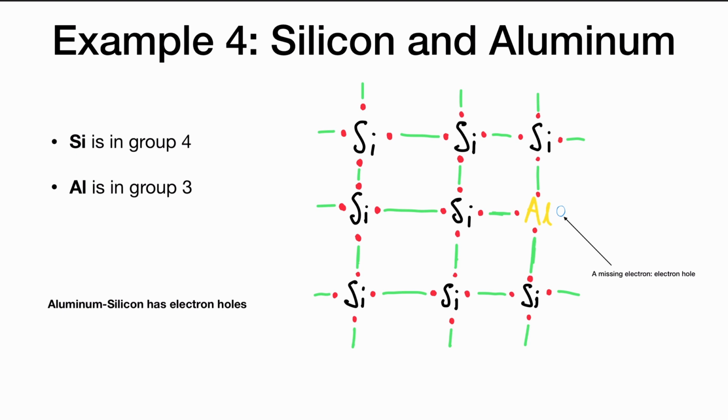The point is, aluminium will have a shortage of an electron here. This shortage of an electron is going to leave this site positively charged because we have a shortage of electrons.